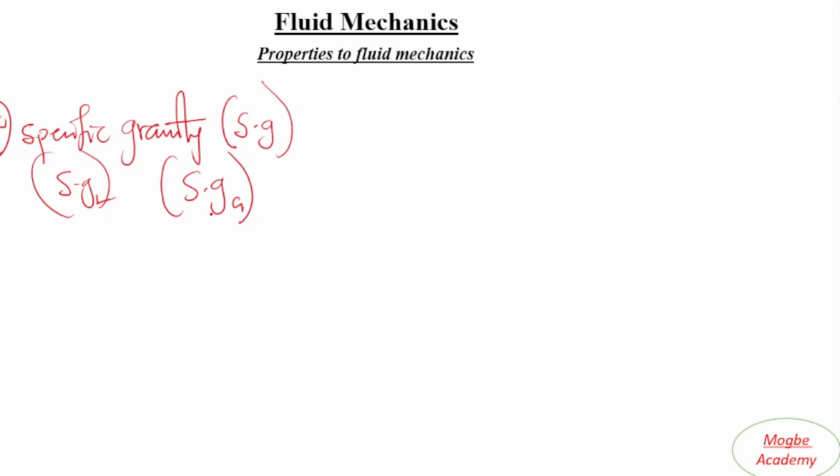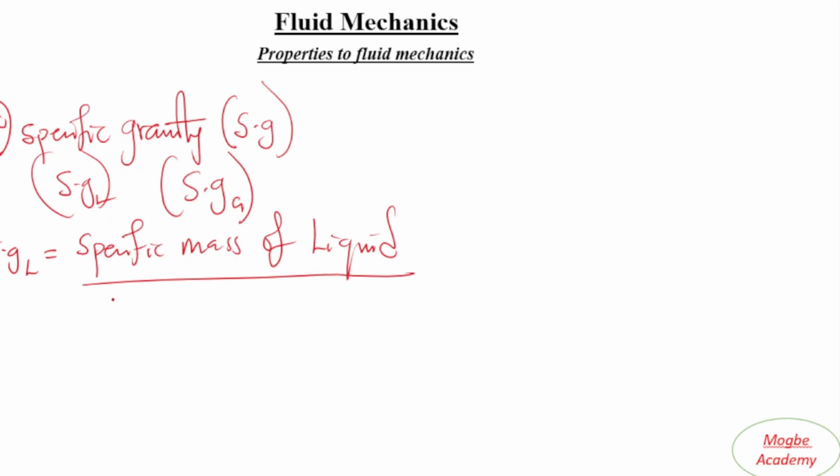When we are considering the specific gravity of liquid, we are considering it in two forms. The first one is S.G. of liquid, which is simply the specific mass of that liquid divided by the specific mass of water.